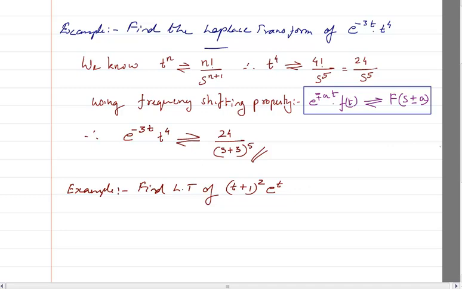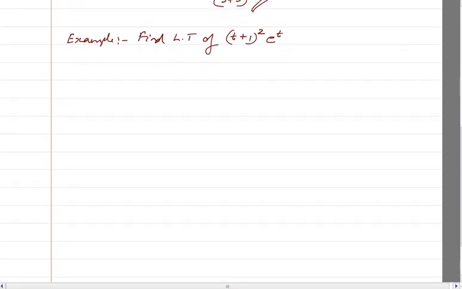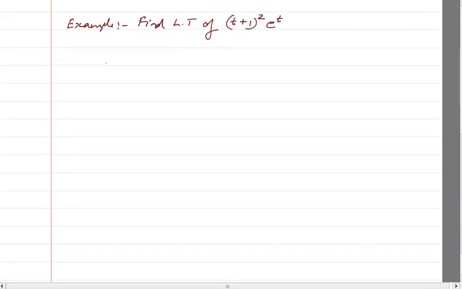See, now this I can do in different ways. Okay, one of the methods is I first find out what is the Laplace transform of t square, and then I do a time shifting and I find out what is the t plus 1 square Laplace transform, and then with that, so this was time shifting, and now here I will do frequency shift.